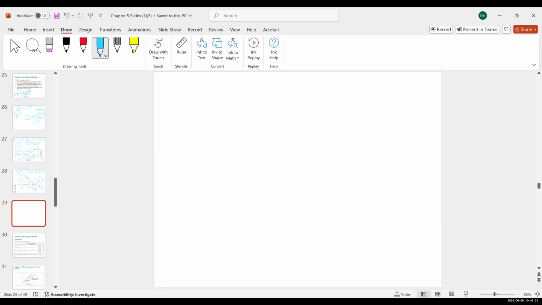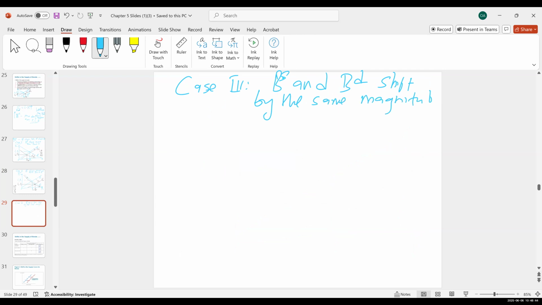So case three, you're going to assume that bond supply and bond demand shift by the same magnitude. So I'm going to draw this.